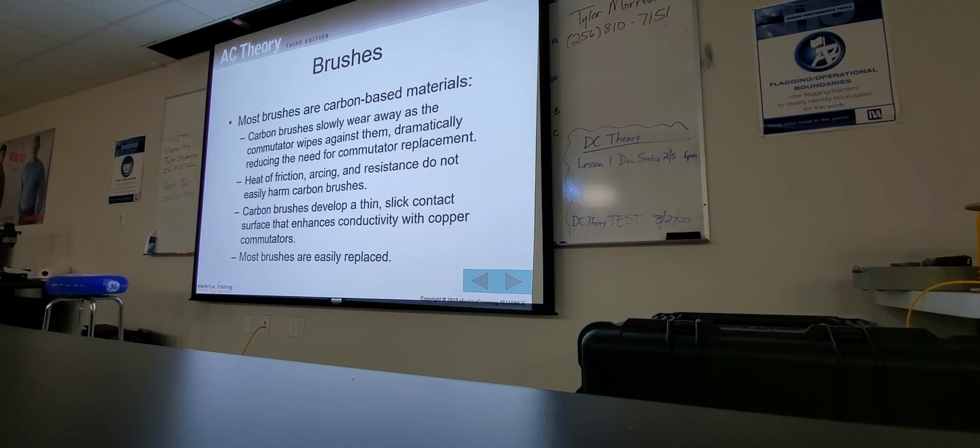They slowly wear away as the commutator wipes against them, dramatically reducing the need for commutator replacement. Heat of friction, arcing, and resistance do not easily harm carbon brushes. Carbon brushes develop a thin, slick contact surface that enhances conductivity with copper commutators, and most brushes are easily replaced.